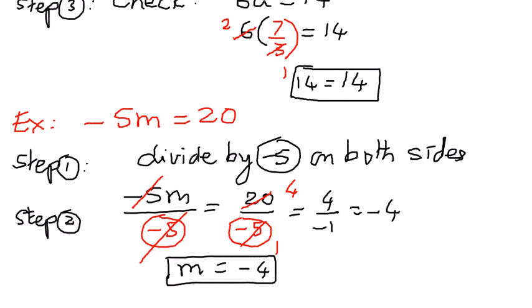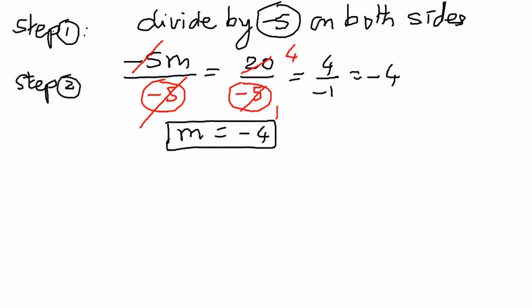In step 3, we're going to check our work. We're going to substitute the value of the variable which we have just arrived at into the given problem to see if that value correctly tallies out or not. So the problem we have is negative 5m is equal to 20, and the value of m is equal to negative 4.